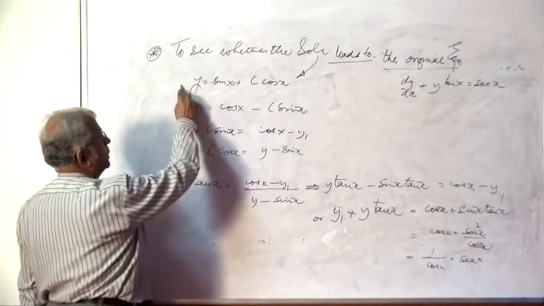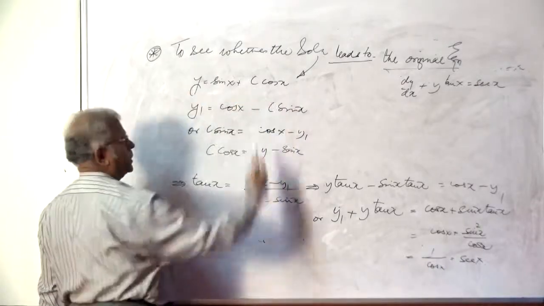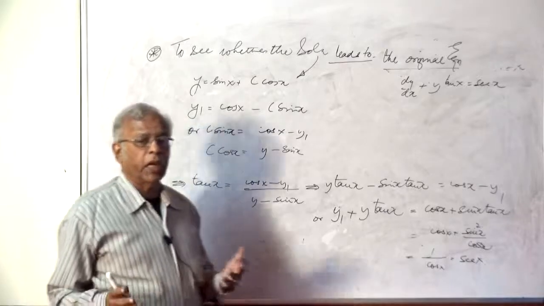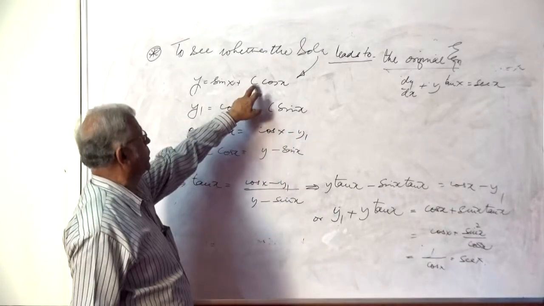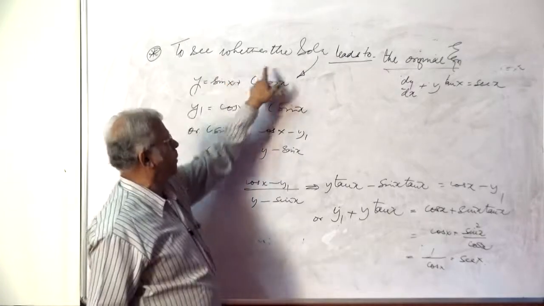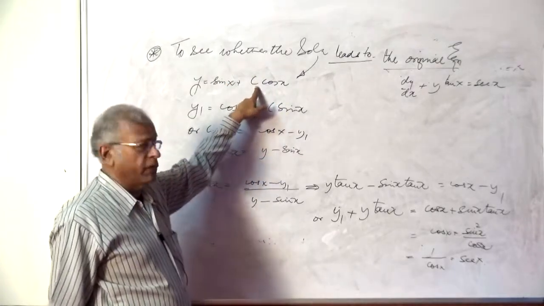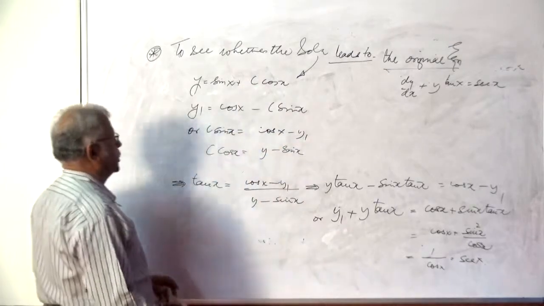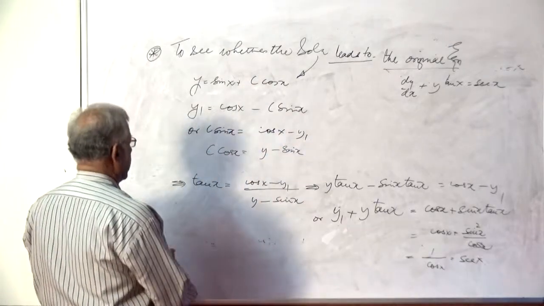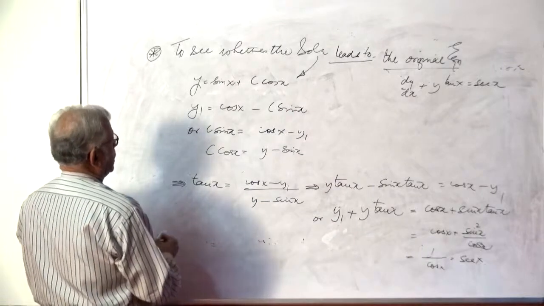If y is equal to sin x plus c cos x represents a single parameter family of curves, because there is only one constant, find the differential equation from here. The process is very simple. I have already done the board work.